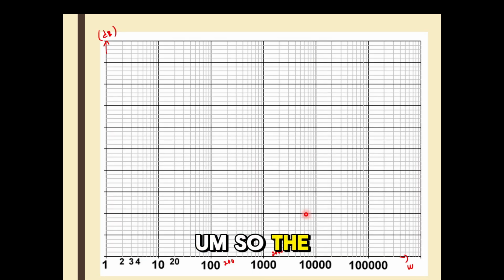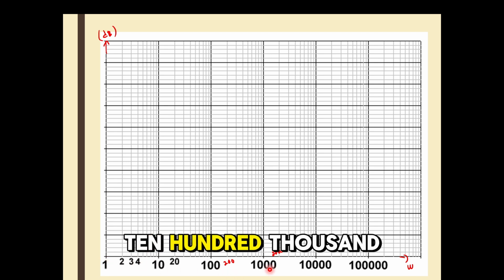So the scale will look like this, where you start from 1 and then 10 to the power of 1, then 10 to the power of 2, 10 to the power of 3, 10 to the power of 4, something like that. So you can have 1, 10, 100, 1,000.